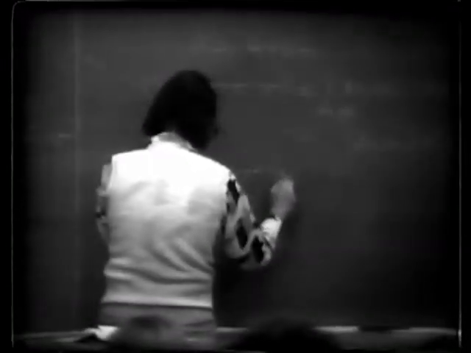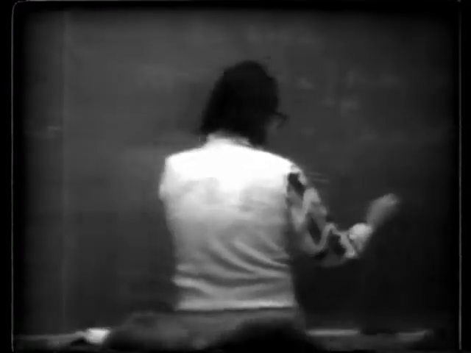Now, for the 3 pi naught decay, of course, it's much more straightforward.